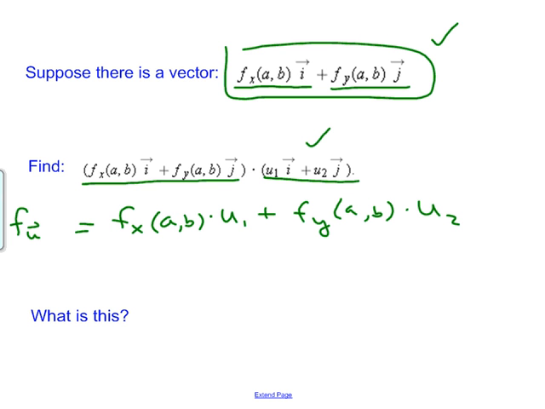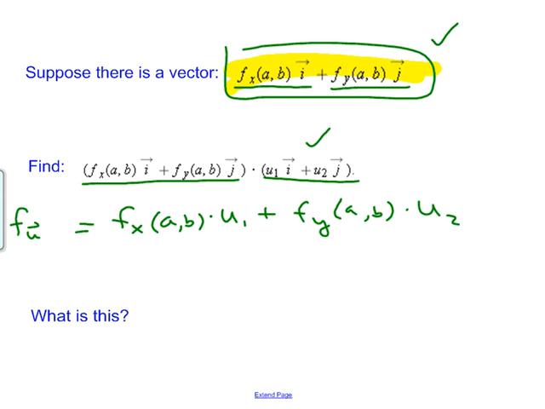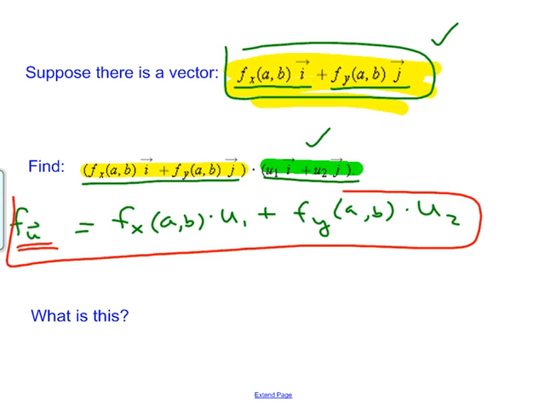Okay, well, therefore, this vector that we're creating clearly has some importance, because when we dot this vector with our direction vector, the result of that dot product is the directional derivative.